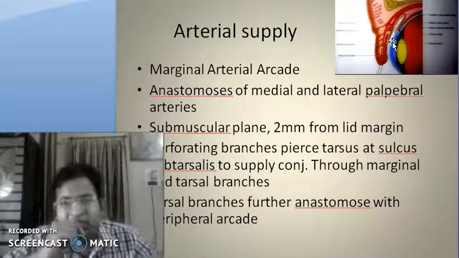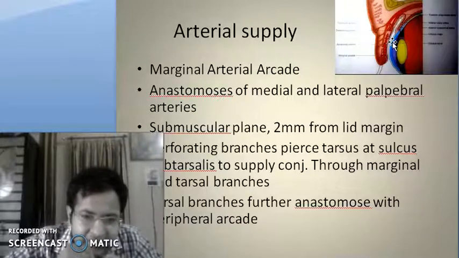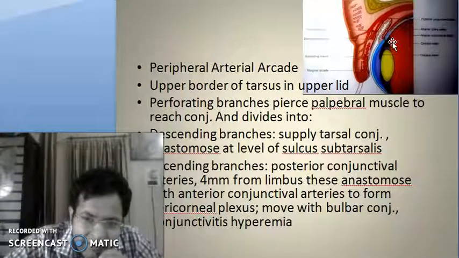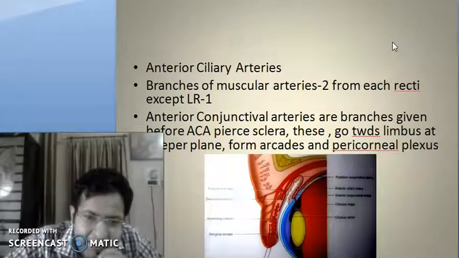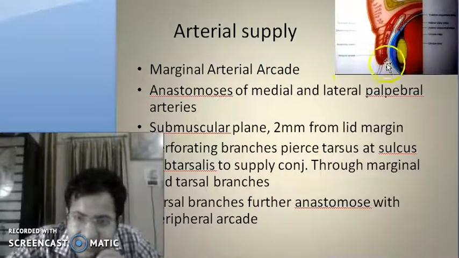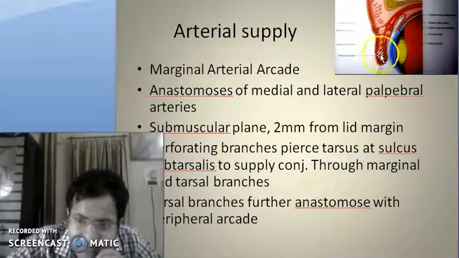Arterial supply of the conjunctiva. The conjunctiva is supplied by three sources: the marginal arcade, the peripheral arterial arcade, and the anterior ciliary arteries. The marginal arcade is present near the lid margin, almost here.